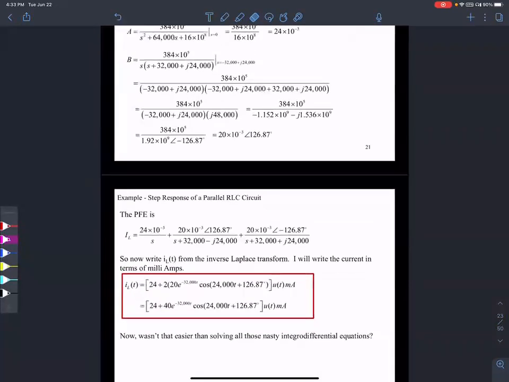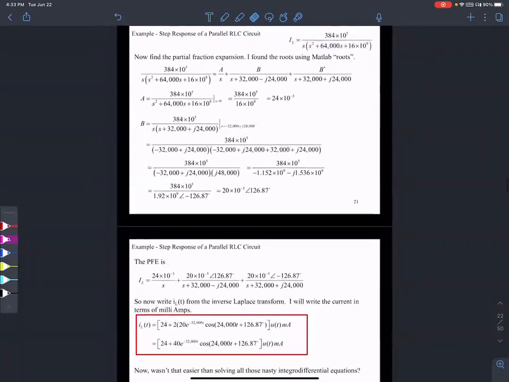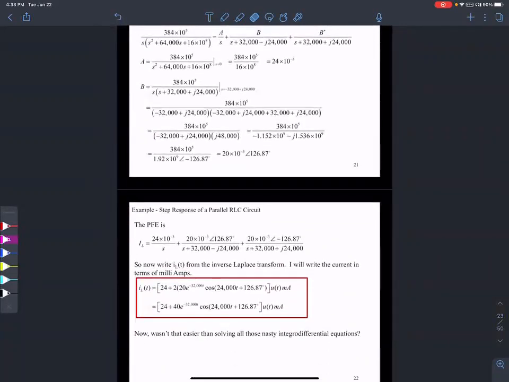So there's a method to madness. The A value is given to be 24 times 10 to the negative 3, and so that A is showing up here.